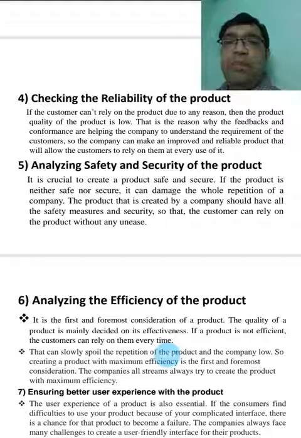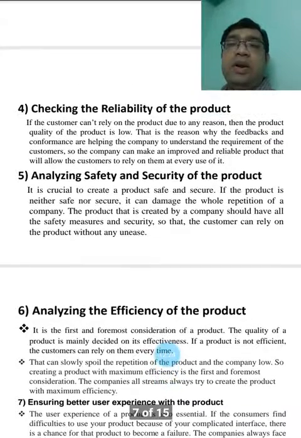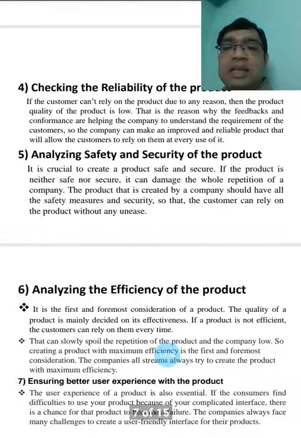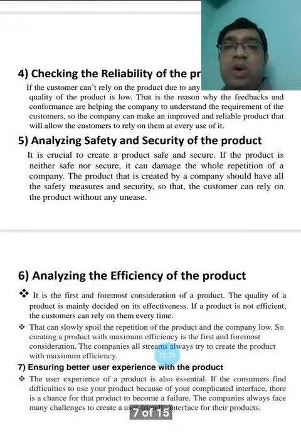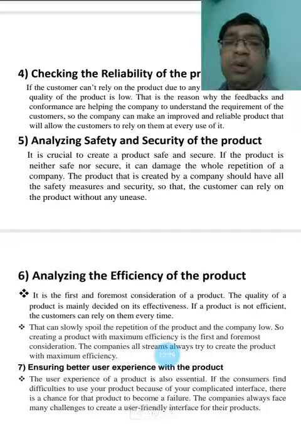We also have to check the reliability of the product and analyze its safety and security, because safety and security are very important factors for the management of a product. It is crucial to keep a product safe and secure from the manufacturer to the retailer to the final customer.